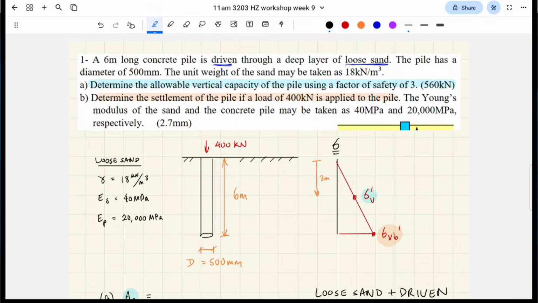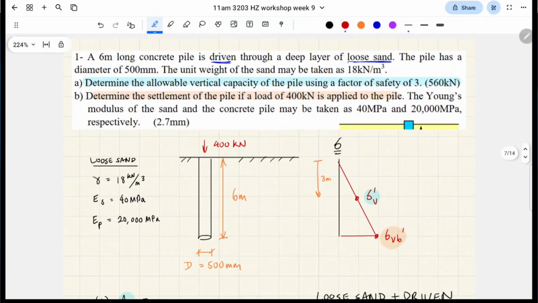So we're pretending that the entire thing has a unit weight of just 18 kilonewtons per meter cubed. We talked a bit about how to calculate this, but essentially, to find the average vertical stress along the shaft of this pile, all we have to do is go halfway down.